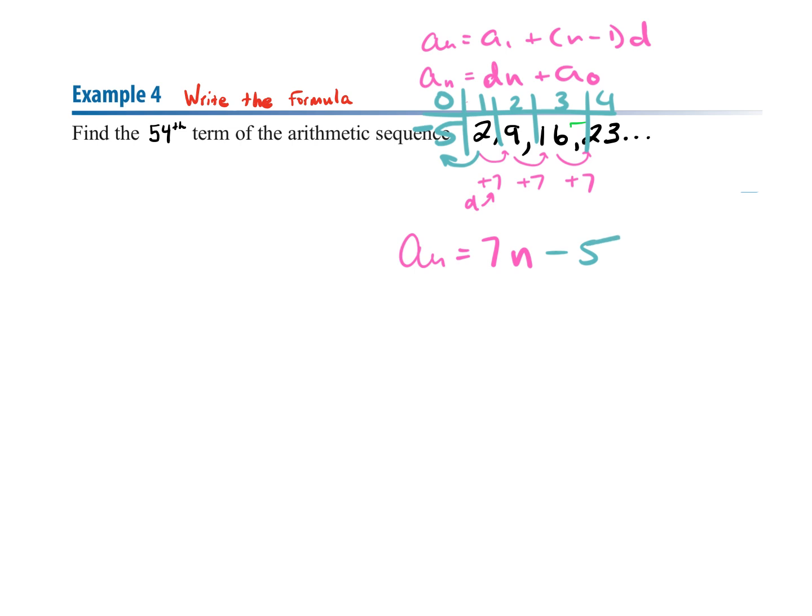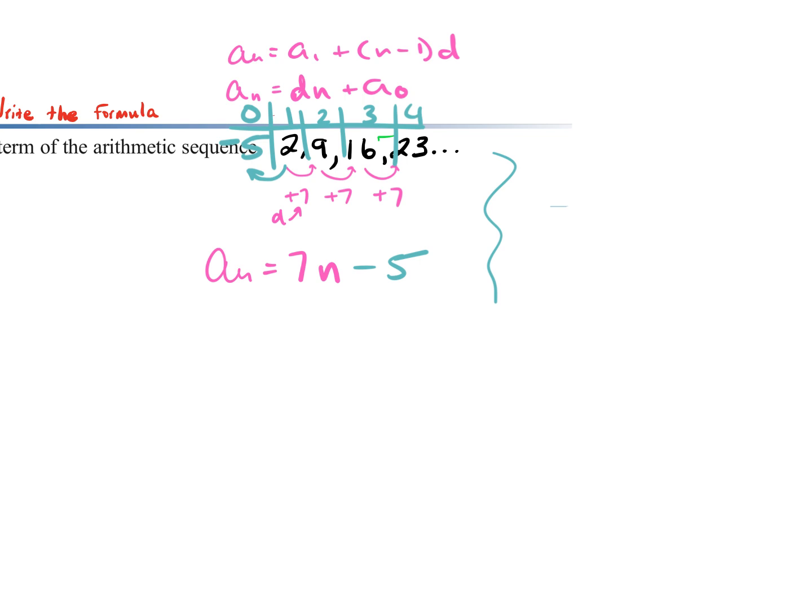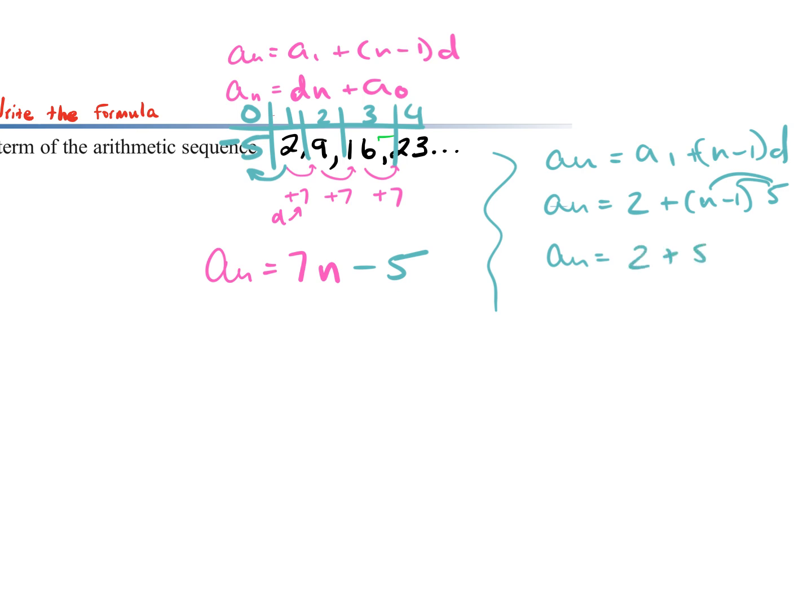You would get that same answer if we were to plug in everything we have. A sub n is equal to A sub 1 plus n minus 1 times D. So A sub n is equal to, our first term was 2, plus n minus 1 times 5. We would just have to distribute here: 5n minus 5.